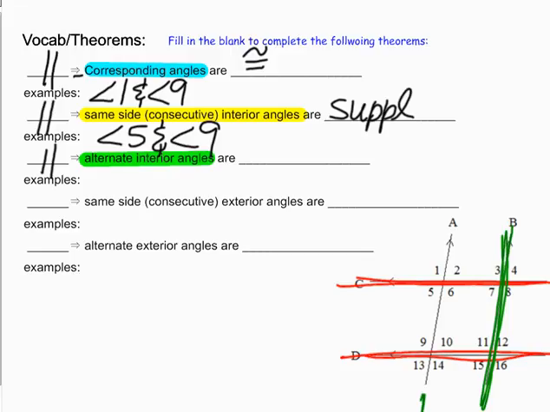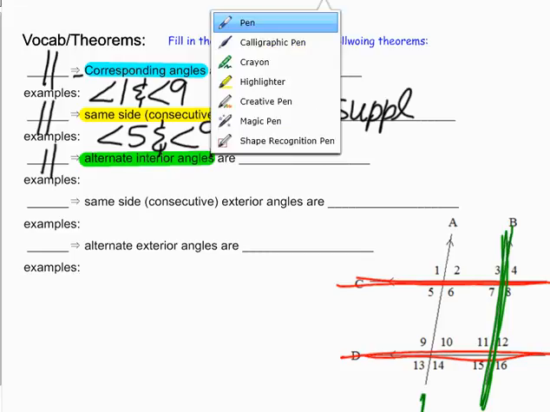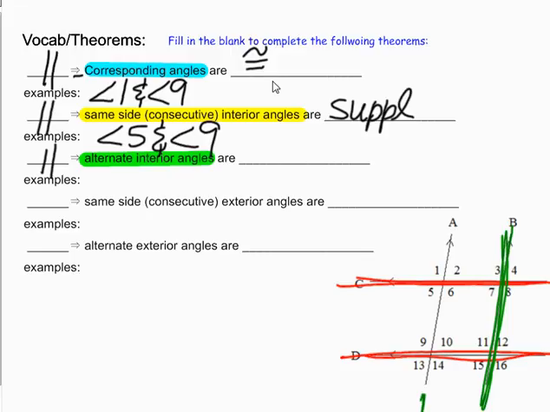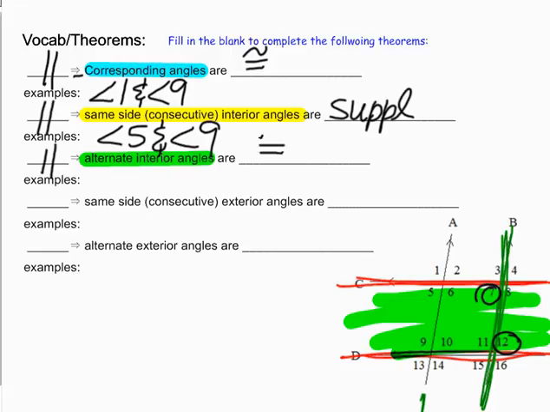We need an interior. So interior means in the middle between the parallel lines. And then we have alternate. Alternate means they are on the opposite side of the transversal. Those angles are congruent. So that is angle 7 and angle 12. Next one.